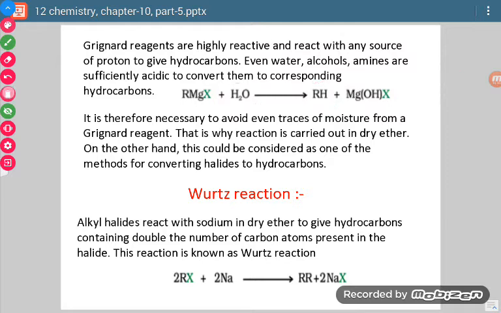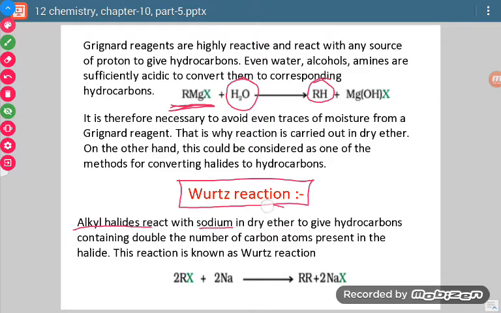So whenever we have to use Grignard reagent, there must not be presence of even traces of water, otherwise that will form alkane. So this will happen. Now see, just like if we perform Wurtz reaction. So what is Wurtz reaction? Alkyl halides react with sodium in dry ether.